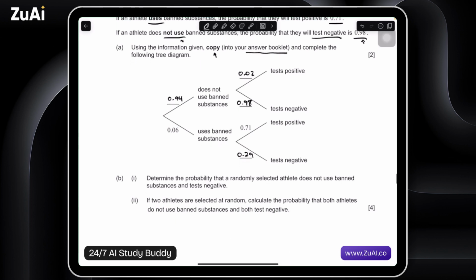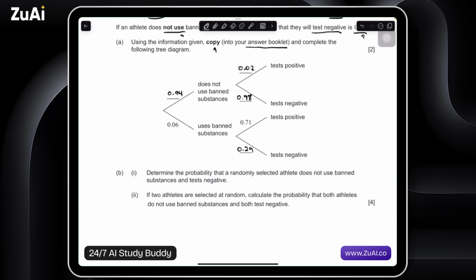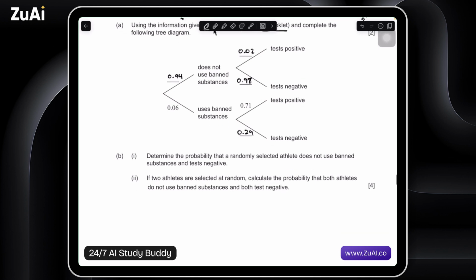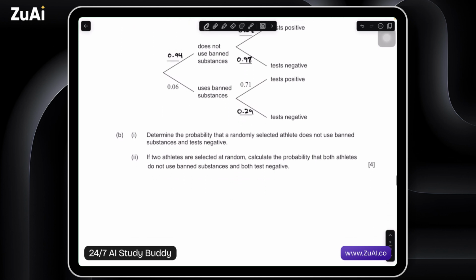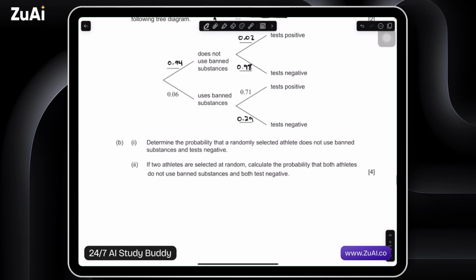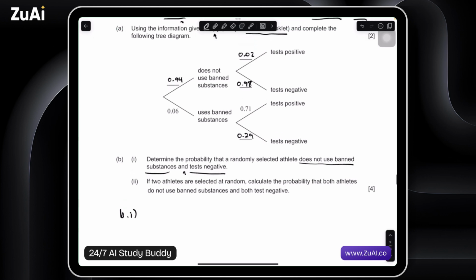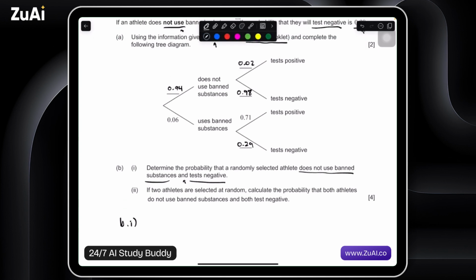Part B, number 1. Determine the probability that a randomly selected athlete does not use banned substances and tests negative. Okay. So B1. So the athlete does not use banned substances and tests negative. So let's just multiply along the branches in this case.